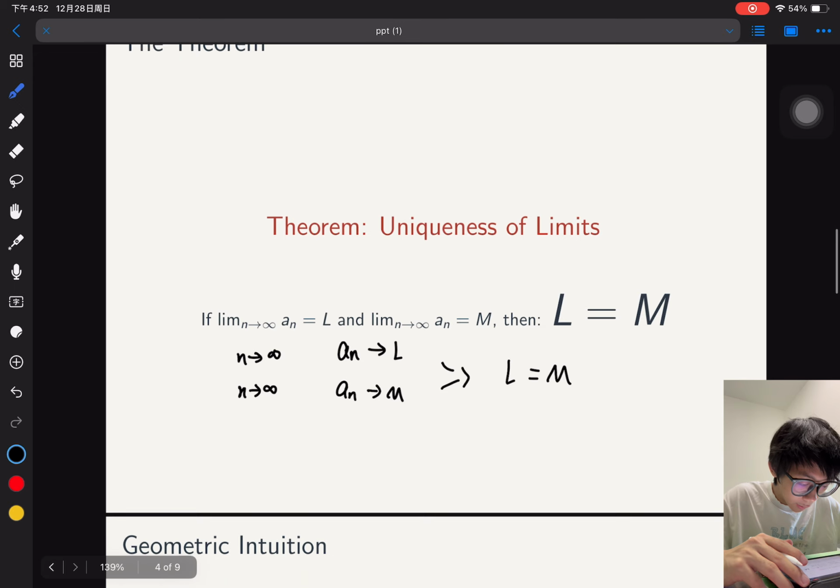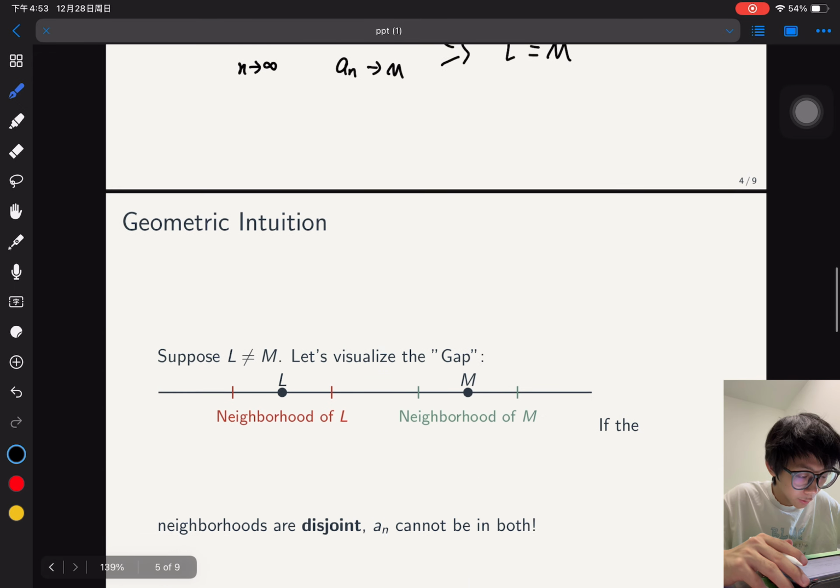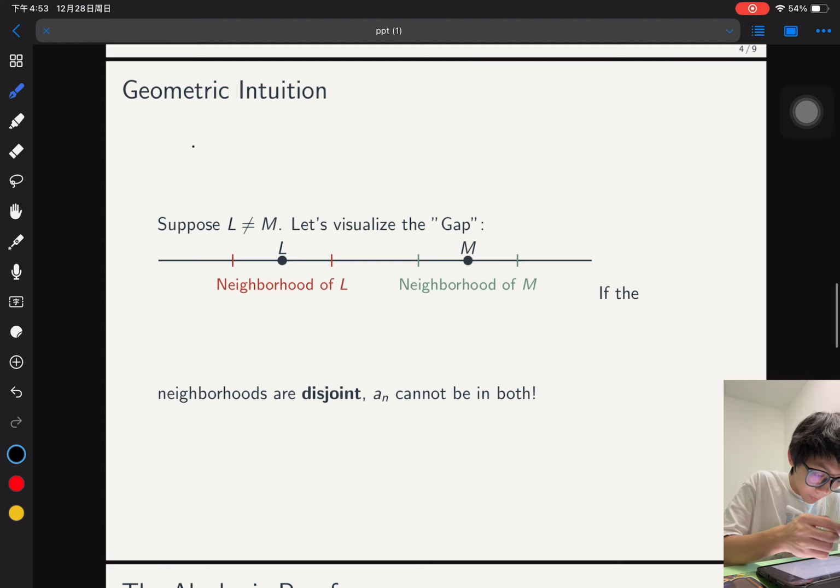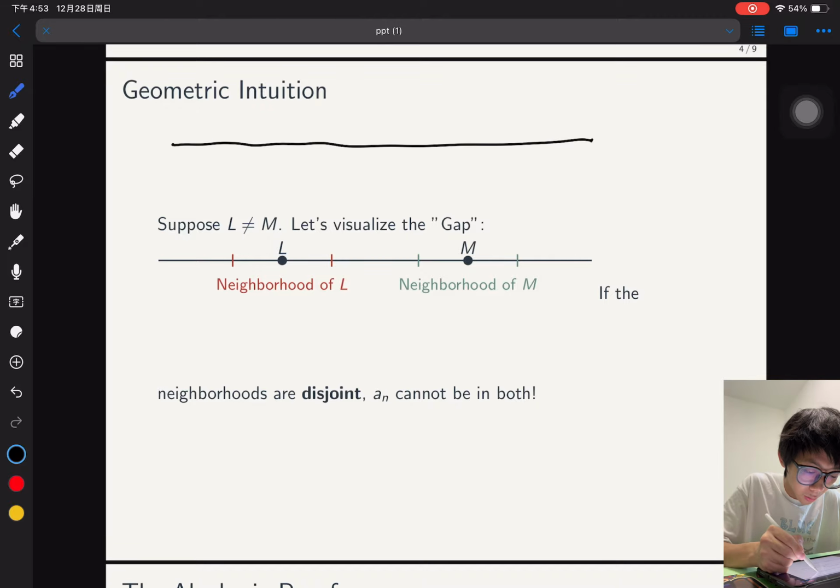So let's think about how we can prove that. We draw a picture of the a_n interval.